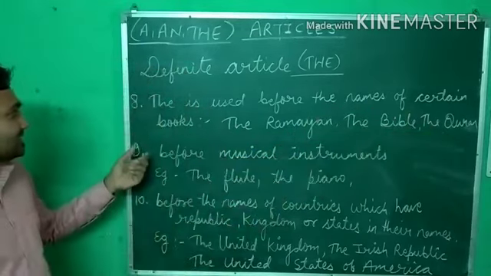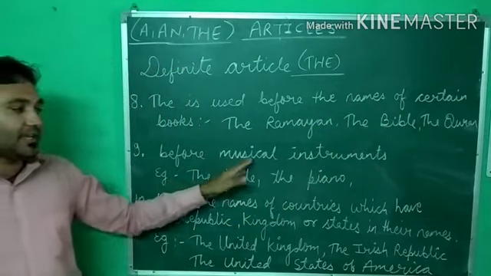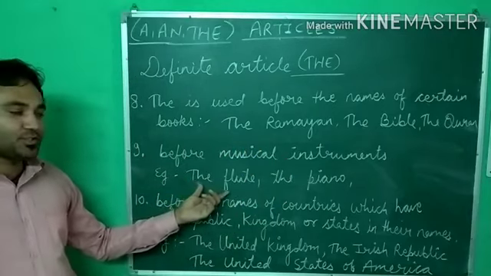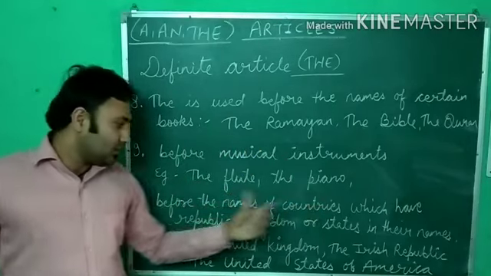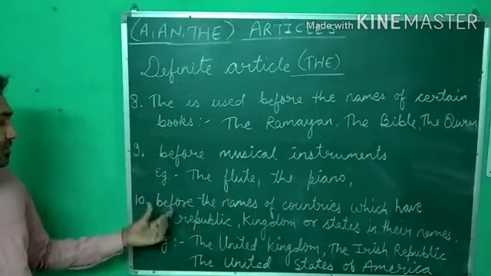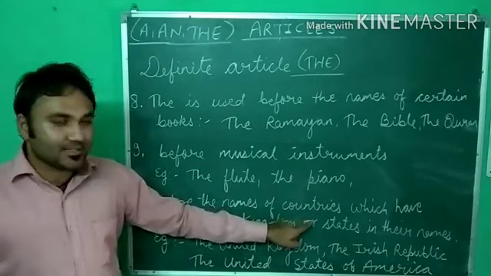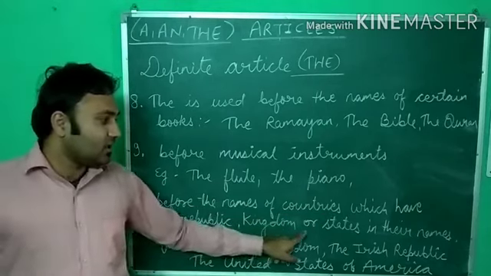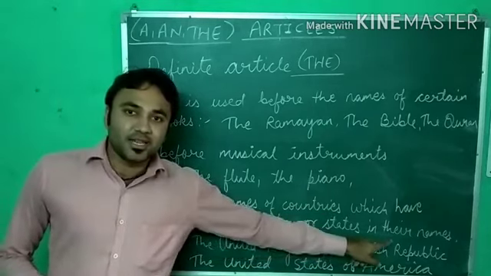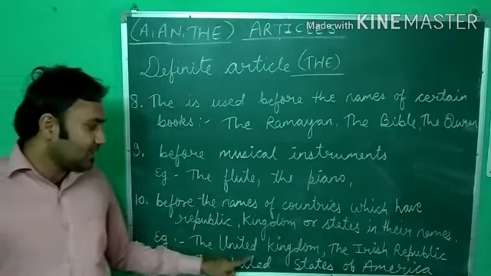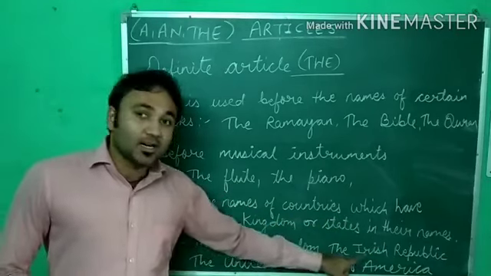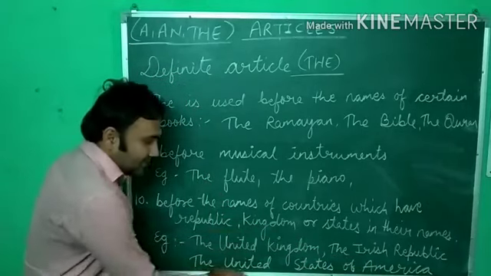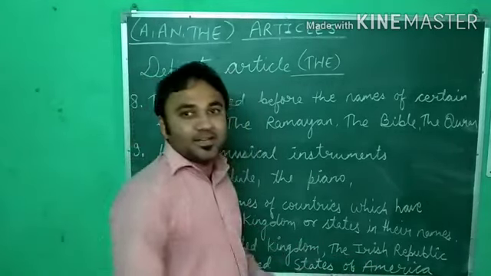Rule number 9 says the is used before the names of musical instruments. Musical instruments like the flute, the piano. Rule number 10 says the is used before the names of countries which have republic, kingdom or states in their name. For example, the United Kingdom, the Irish Republic and the United States of America.